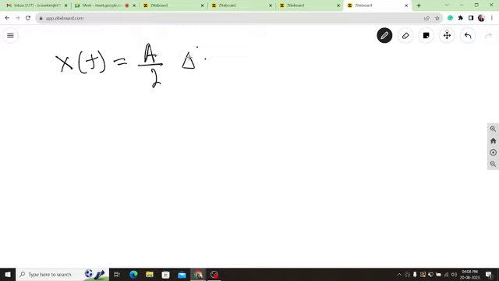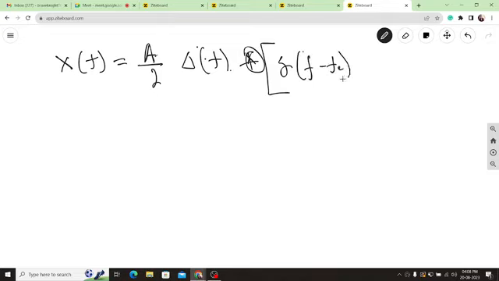There is a triangular function, and it will have a convolution with the cos. So cos has this sort of representation: delta of f minus fc plus delta of f plus fc.